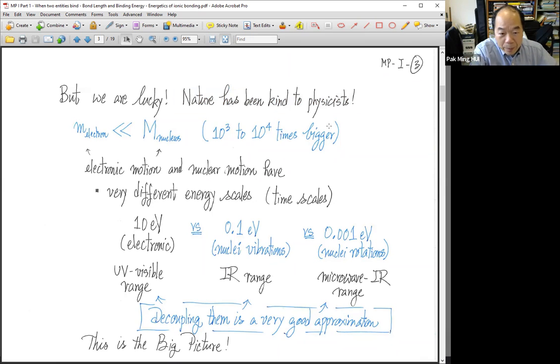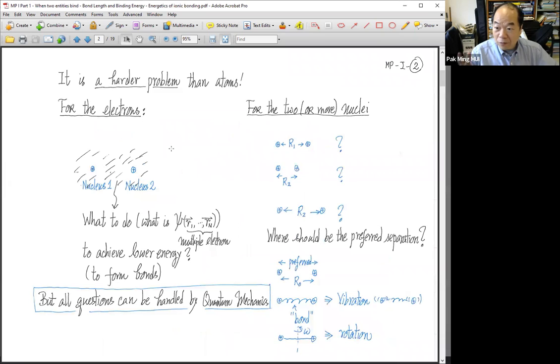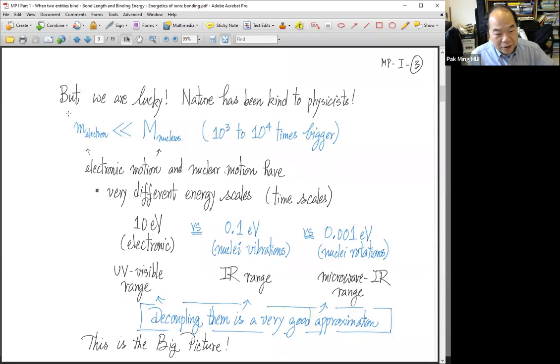The whole problem is related to 3 different parts. So we have the electrons problem, we have the nuclei motion problem. But recall that the electron's mass is much smaller than the nuclei mass.